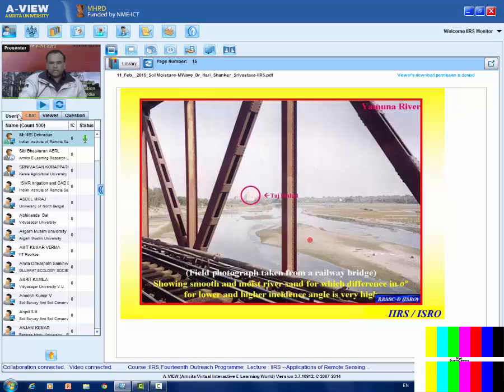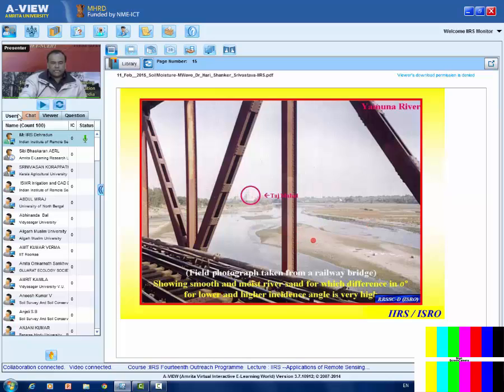It is because in this type of area, where the surface is smooth and moist, on high incidence angle this area appears dark, and that is why it mixes with the smooth water body, and water also gives low backscatter. This smooth surface also gives low backscatter, and that is why the thickness of the river looks very high.